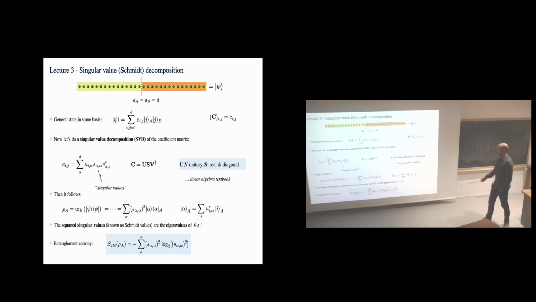In the middle, I have this diagonal matrix, S alpha alpha, whose elements are positive, and they are called the singular values of the matrix.